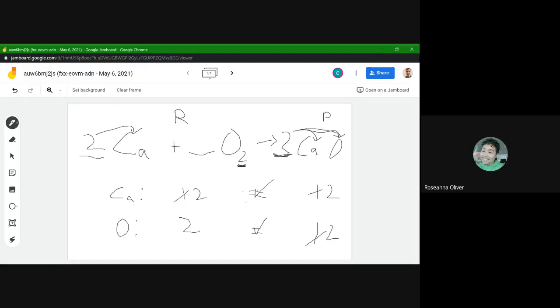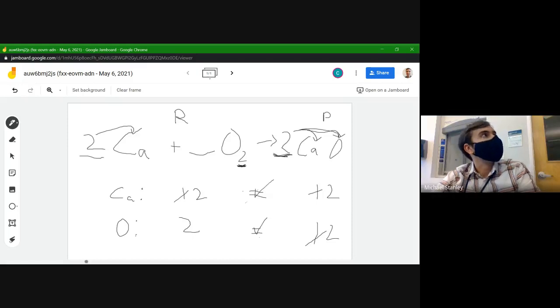I'm pretty confused on why it wouldn't end up being 3, because if you're adding the 2 and you already have 1 coefficient at the bottom of the Ca. Got it. So with the coefficients, when they are left blank like this, we had the 1 Ca to start off with.